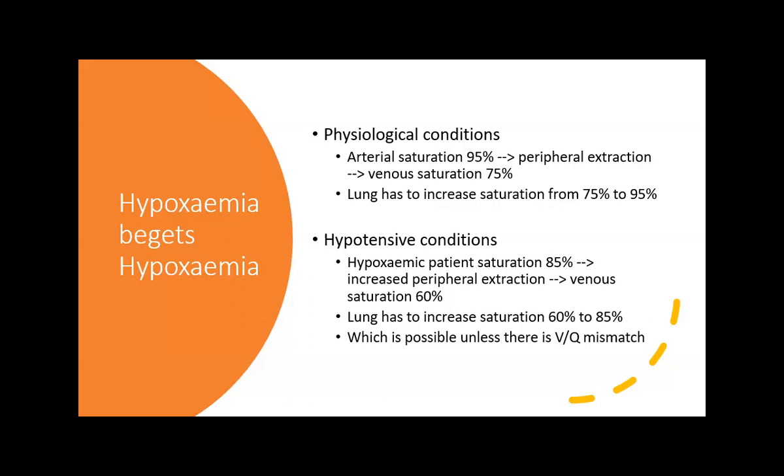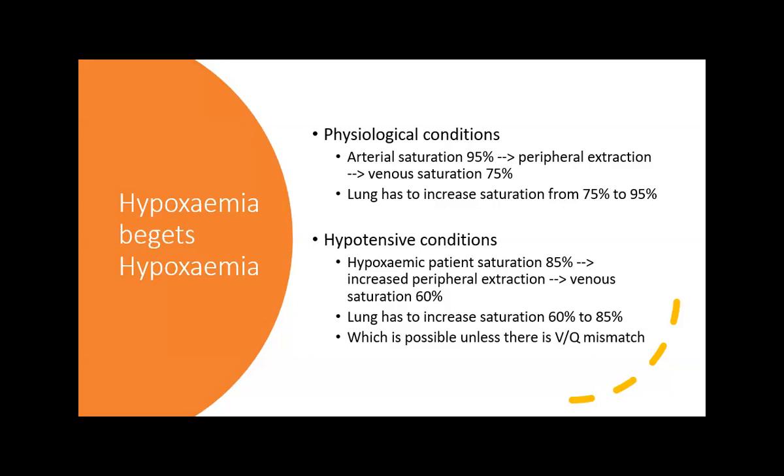We know that a normal healthy lung has a large margin for increasing its ability to add oxygen to the blood. But as soon as the lung becomes diseased, you lose that ability. So you can't expect the lung to now increase from 60% to 85%. In these patients, your saturation becomes proportional to your blood pressure.